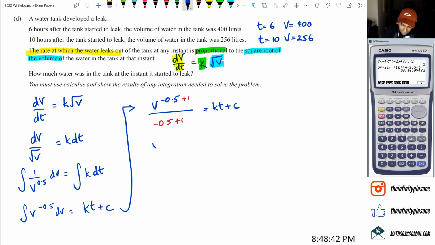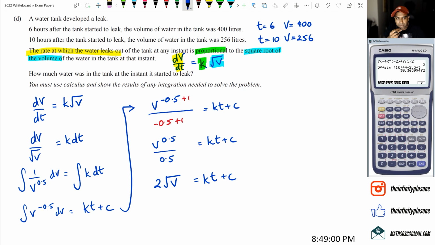So we get V to the power of 0.5 divided by 0.5 is equal to kt plus c. Now 1 over 0.5 can be written as 2 root V equals kt plus c.